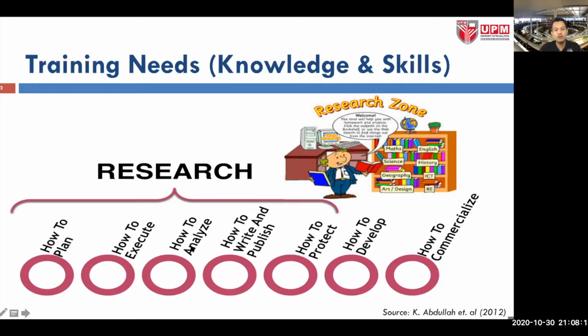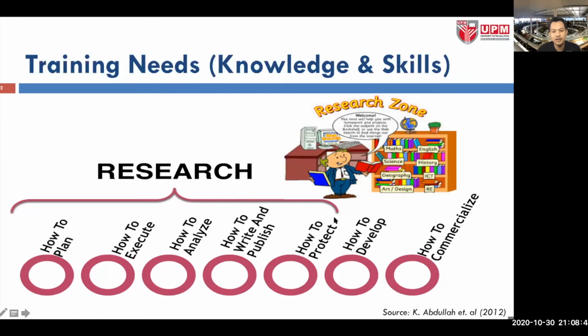We also will look at how to analyze data, techniques for analyzing the data, and how to write and publish. Okay, of course, we are not going to write a thesis in this particular subject, but we are going to at least write the review paper, and how to do IP protection.